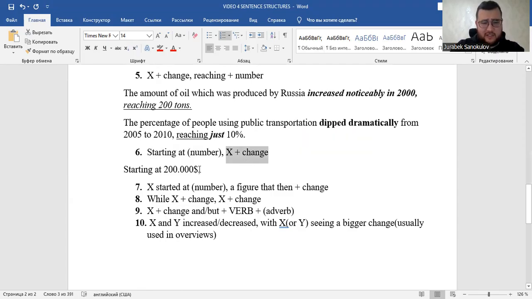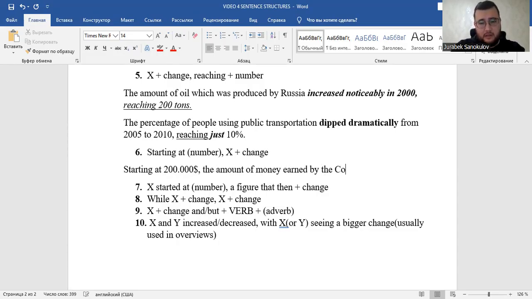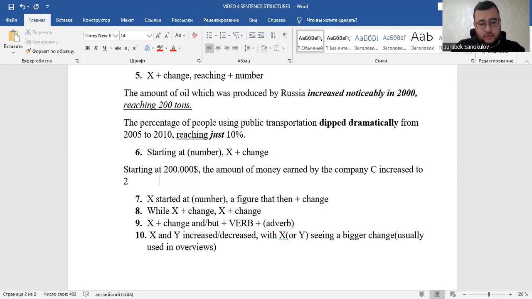The amount of money earned by the company C, let's just say, what happened? Increased to $250,000. That's how you can use it.